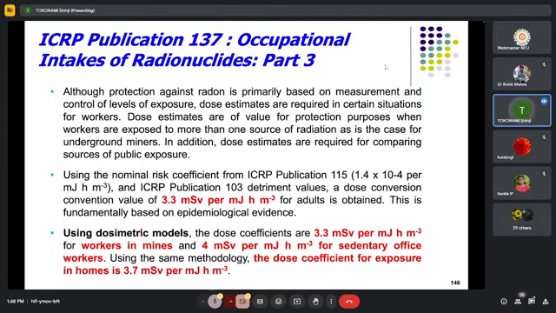On the other hand, using the dosimetric models, the dose coefficients are 3.3 millisievert per mJ h per cubic meter for workers in mines and 4 millisievert per mJ h per cubic meter for sedentary office workers. Using the same methodology, the dose coefficient for exposure in homes is 3.7 millisievert per mJ h per cubic meter.